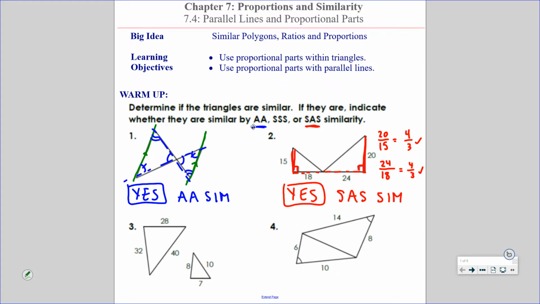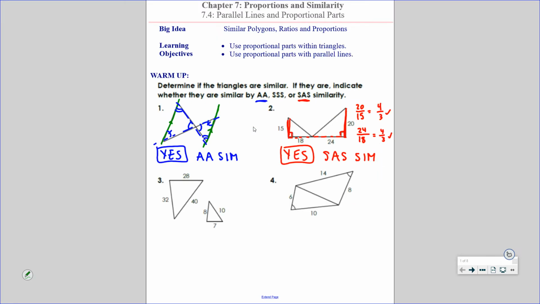Before we do any calculations on number 3, what type of similarity do you think we're going to look for? Side, side, side. We're given 3 sides, right? Okay, so I like to start with my bigger triangle when I set up my ratios, and I like to start with my largest side. So 40 would correspond to the largest side in this triangle, to 10, which reduces to 4 to 1. You can even think of that as your scale factor, your ratio.